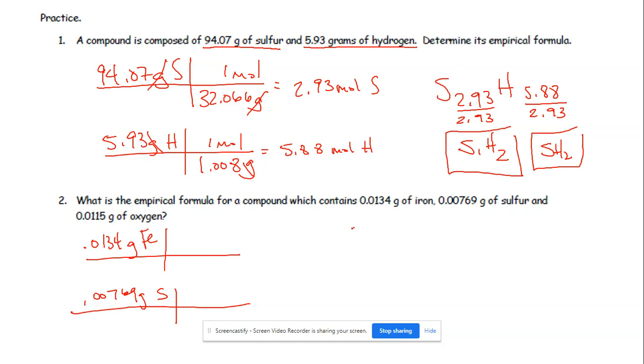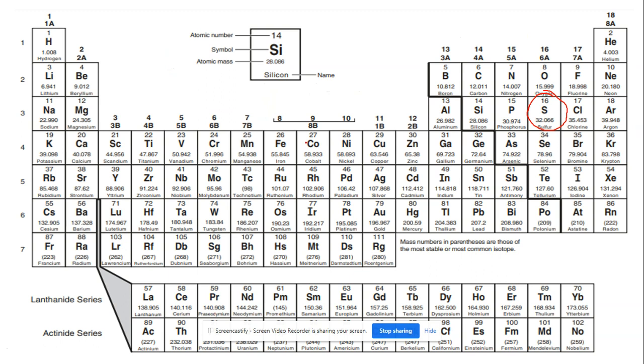I'm running out of space. Turn our grams of oxygen into moles. Molar mass of iron, according to the periodic table, is 55.845. That sulfur is still 32.066. And oxygen, of course, is 15.999.